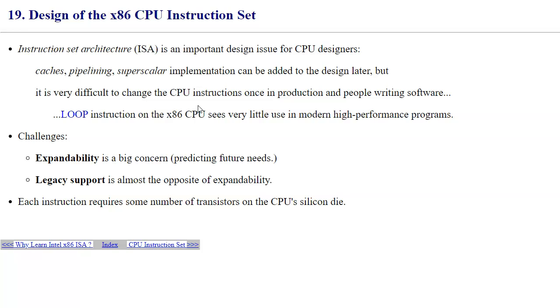Even in the 64-bit world, there is a significant effort to allow prior versions of 32-bit programs to continue to run on the 64-bit platform. In general, we can refer to it as legacy support, which is the opposite of expandability, which is looking into the future, where we want to be able to accommodate new instructions, like build and design new instructions while supporting the older instructions. Each instruction requires some number of transistors, of course, in the CPU silicon die.